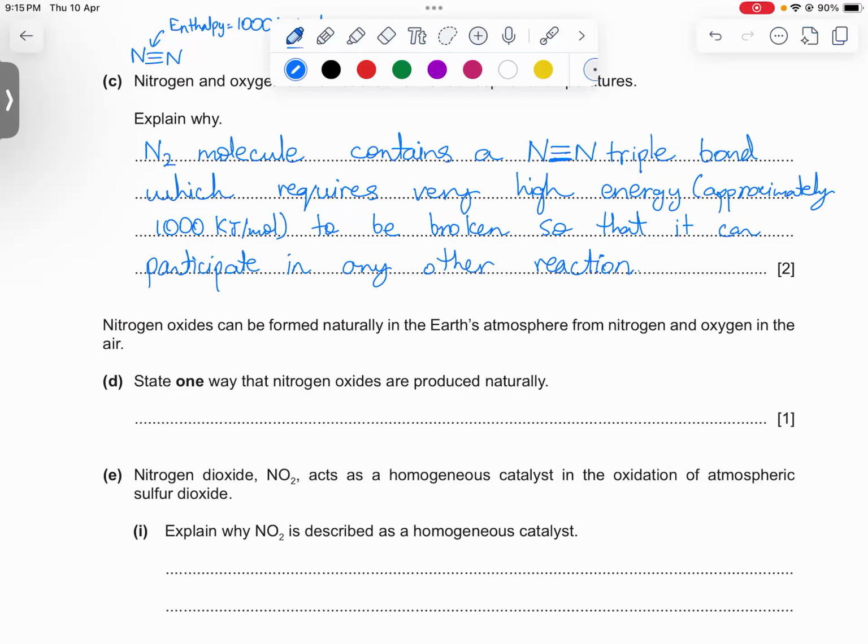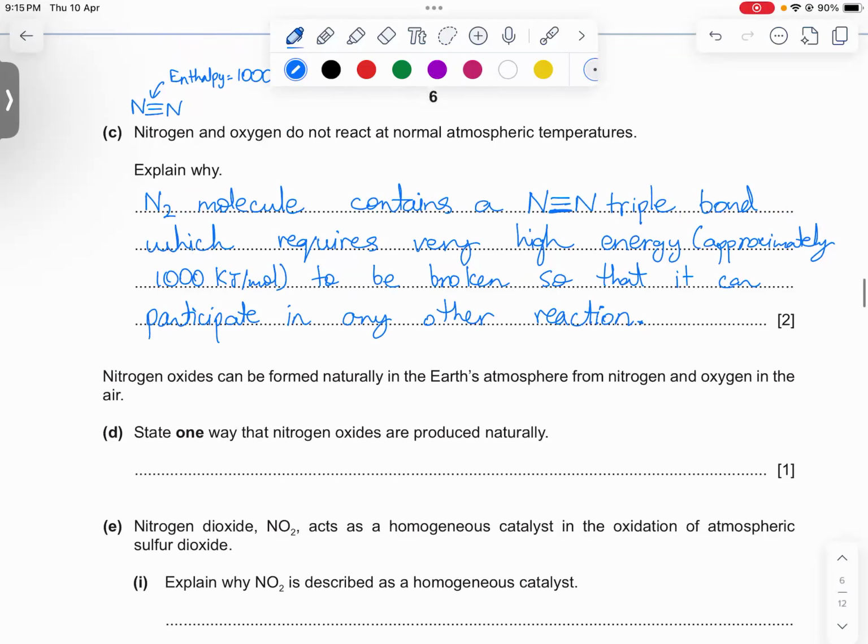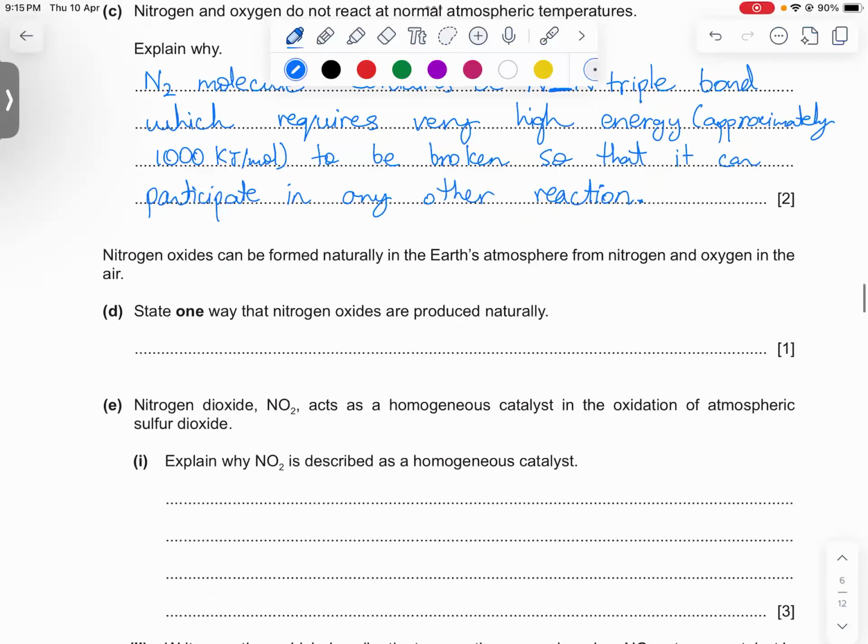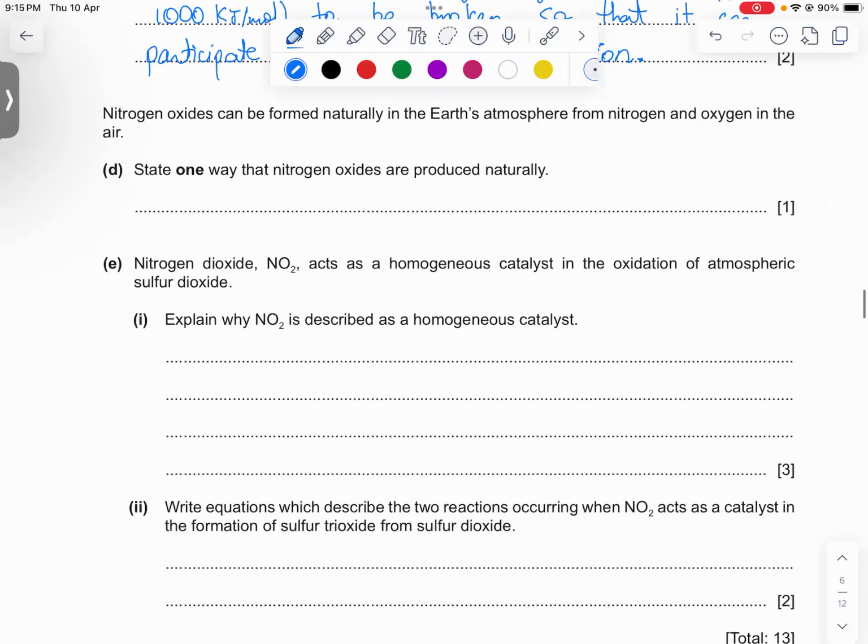This is the only reason why we say that nitrogen is technically inert at room temperature.